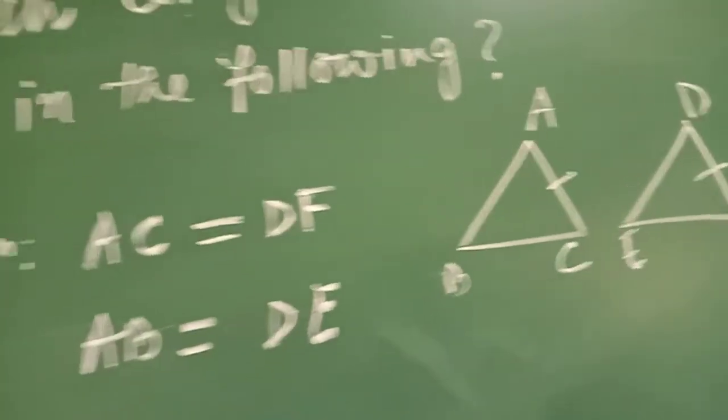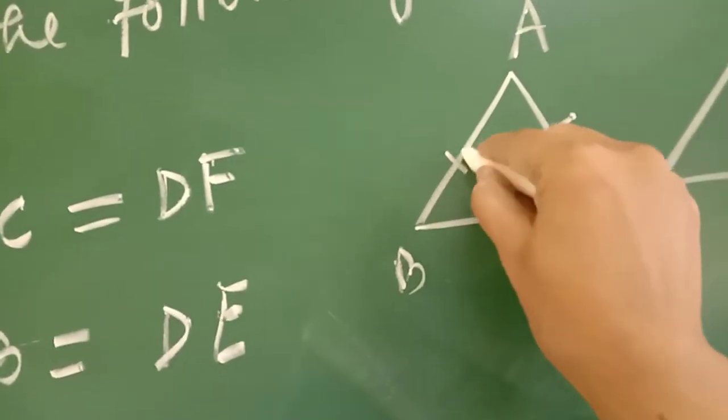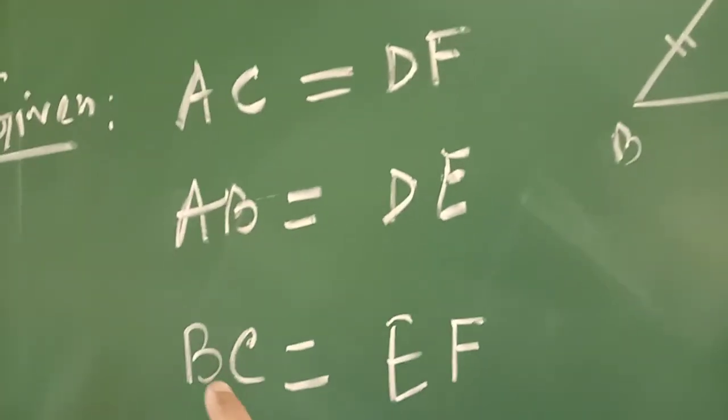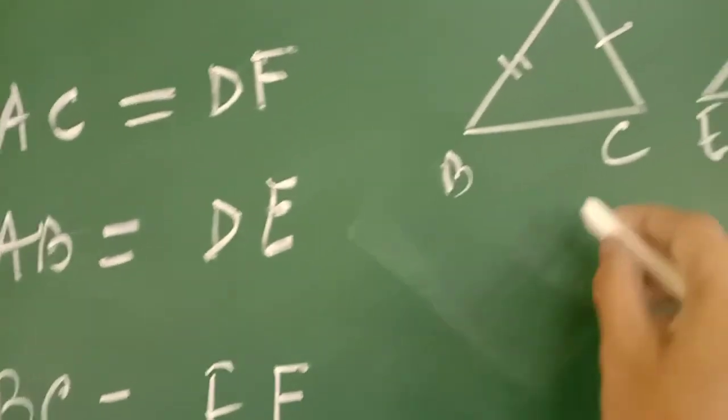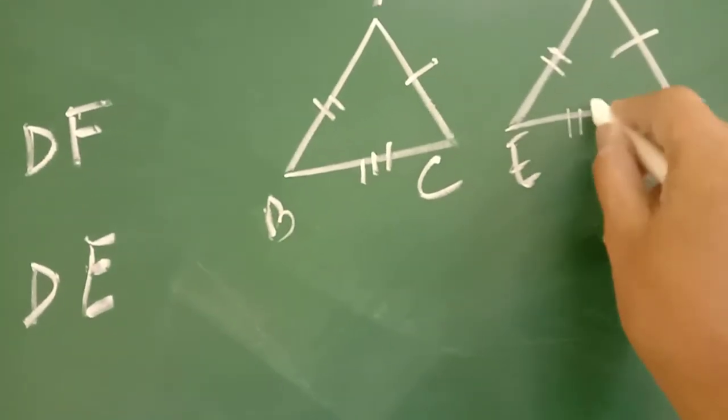Understood? AC is equal to DF. AB is equal to DE. And BC is equal to EF.